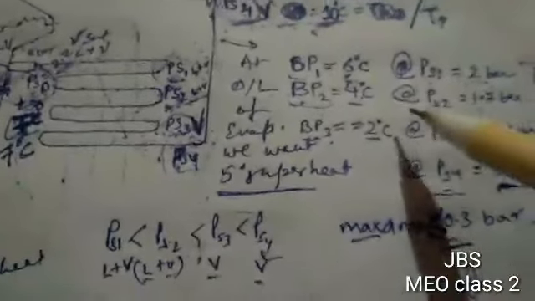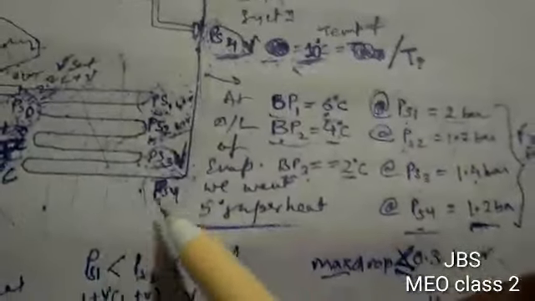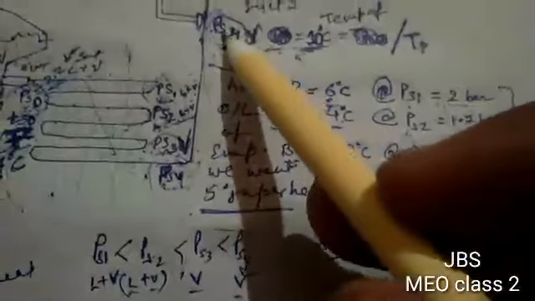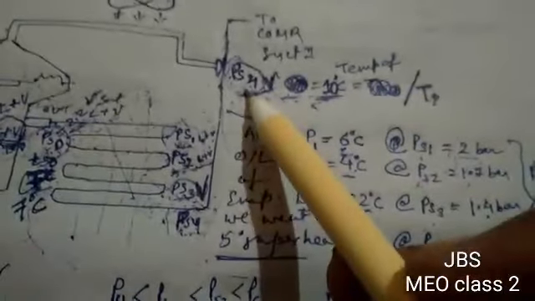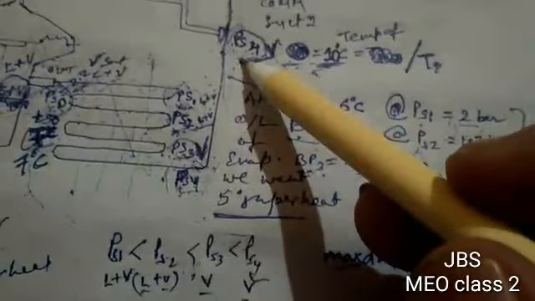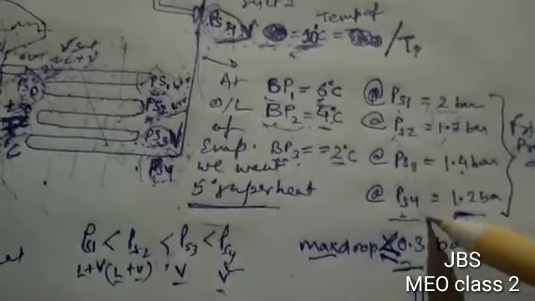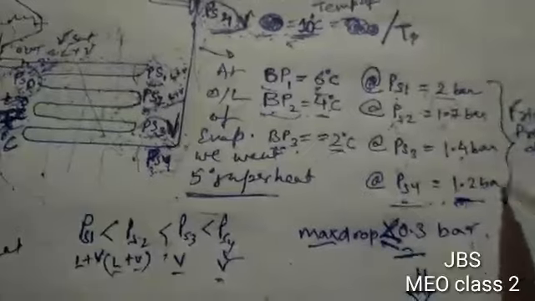Because of the friction there is a pressure drop in the saturation pressure. Now the saturation pressure PS4 at the outlet of the evaporator, as there are no bends or anything, we are considering the same. So PS4, the saturation pressure at the outlet, is 1.2 bar.